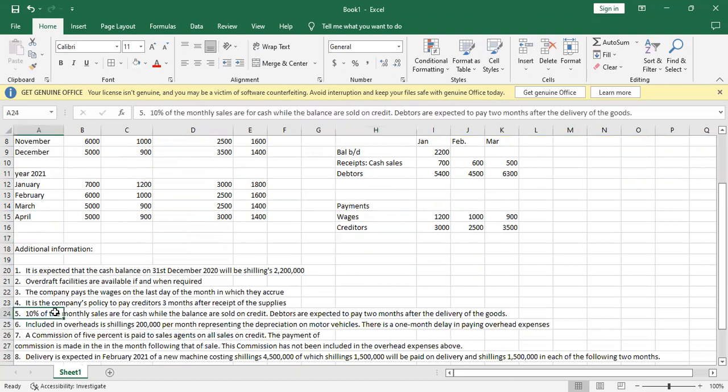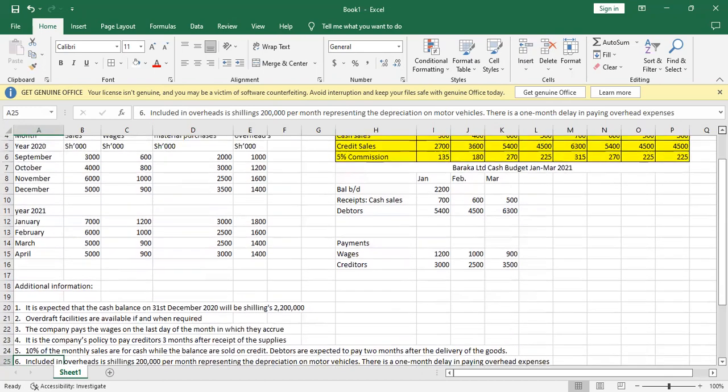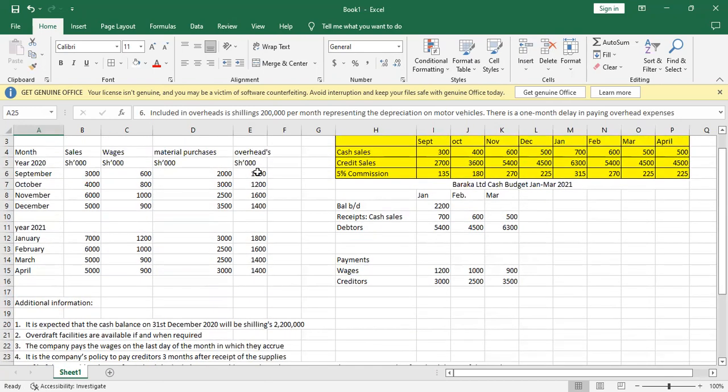Then number 5, we've dealt with that. Number 6, included in the overheads is 200,000 per month, representing depreciation on motor vehicles. So depreciation is a non-cash. We need to deduct it. So there is a 1 month delay in paying the overhead expenses. So we'll go to the expenses column.